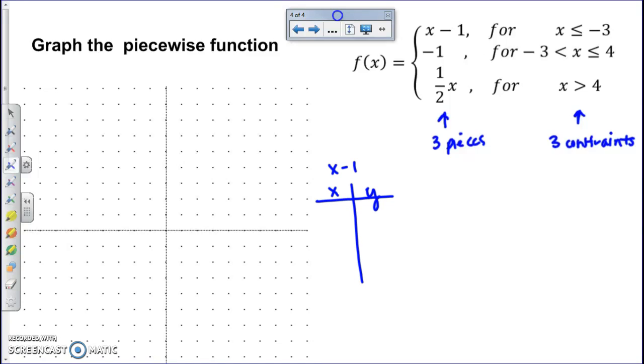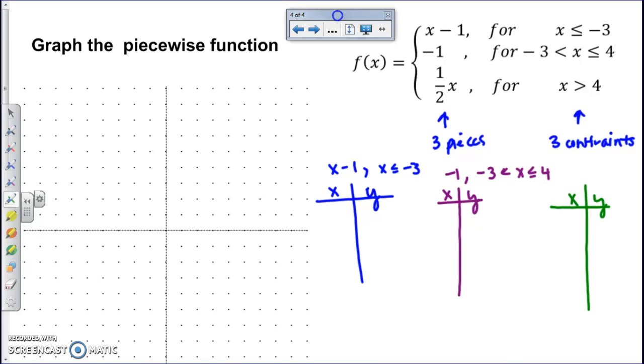This is going to be x minus 1 for x is less than or equal to -3. This is going to be -1 for x is between -3 and 4. And then we have 1/2 x for x is greater than 4.